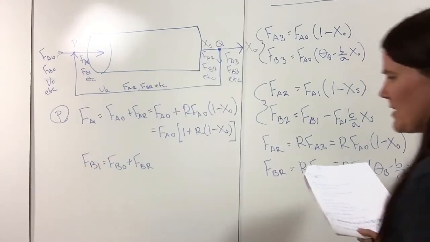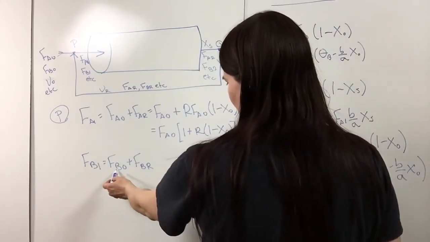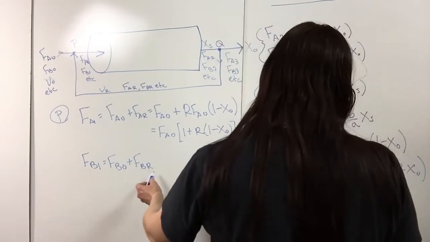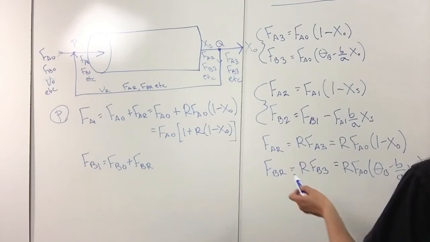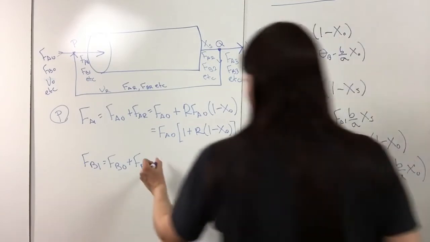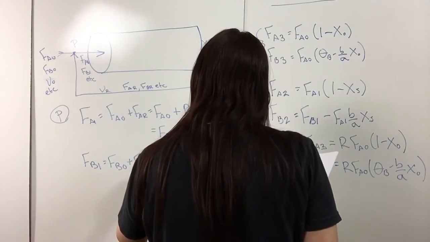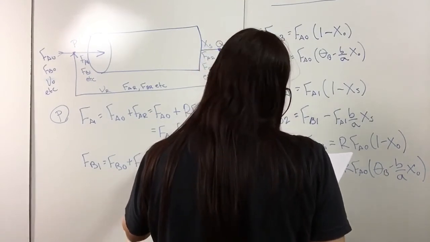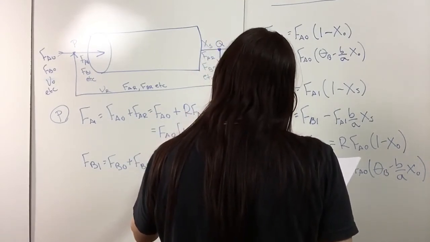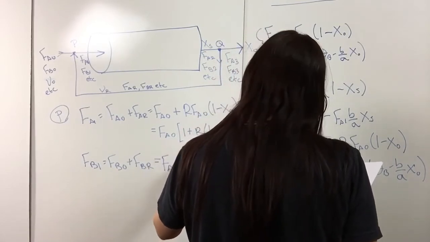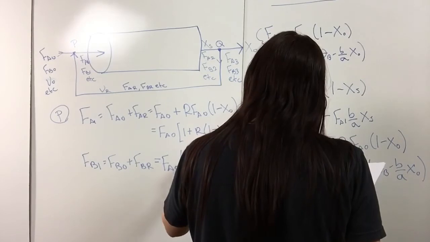And then from stoichiometry, we can write an equation for FB naught to relate it to FA naught. And we know what FBR is, so we should be able to get that. So FB naught is equal to FA naught theta B minus B over A X naught.